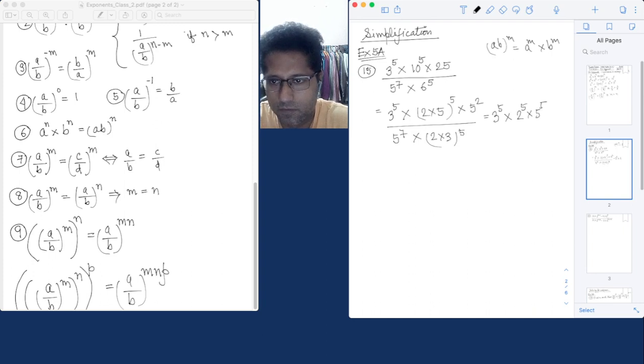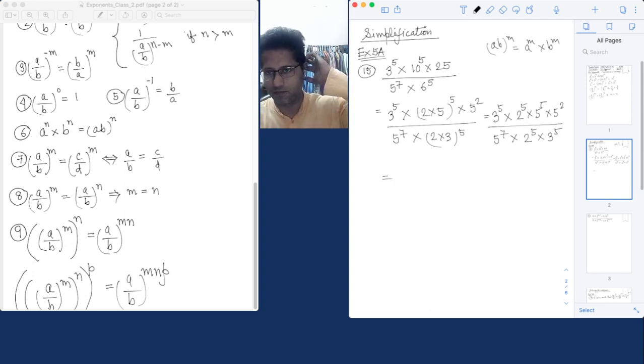and we have 5 squared divided by 5 raised to the power 7 multiplied by, similarly we separate out the factors with the power, 2 raised to the power 5 multiplied by 3 raised to the power 5. Now we see that in the numerator we have the bases 3, 2 and 5.